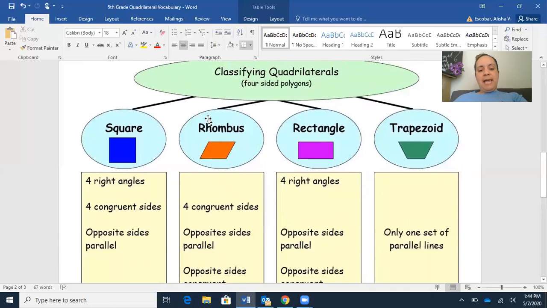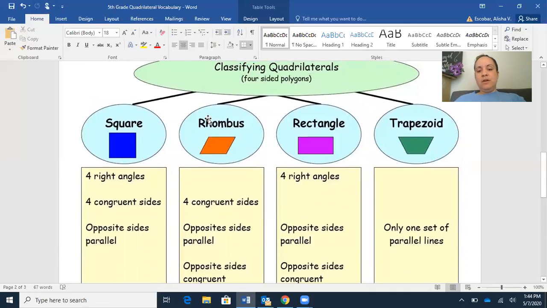This shape is a rhombus. Say that with me, rhombus. The H here is silent, rhombus. A rhombus is also like a parallelogram. That is another word for a parallelogram that's not on here.